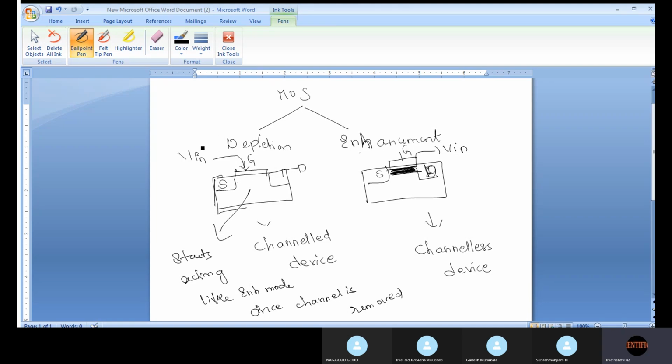Once the channel is removed by the application of the input voltage, the depletion mode MOSFET will start acting like an enhancement mode MOSFET.